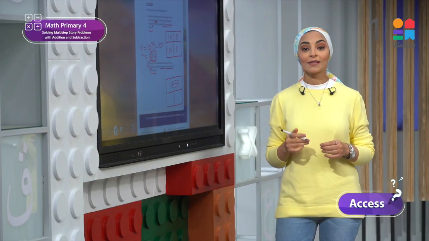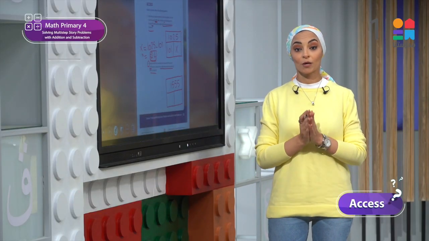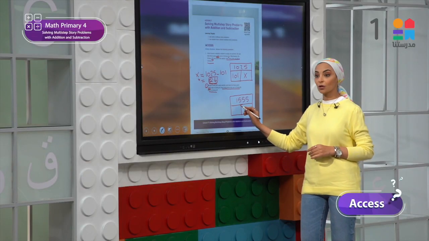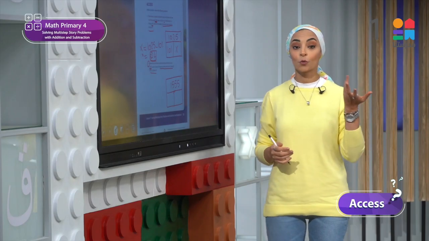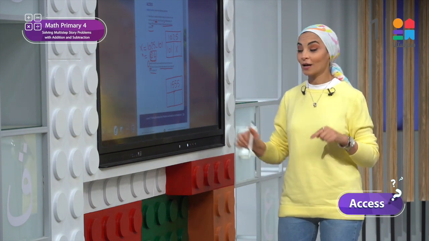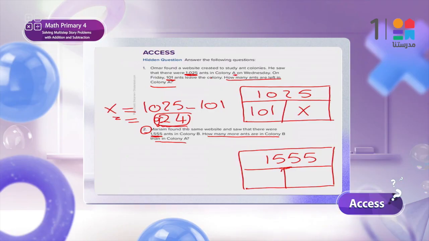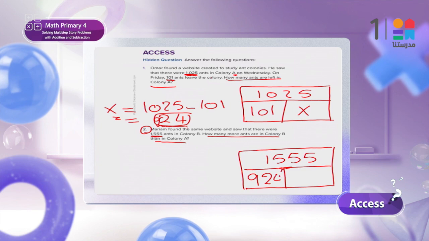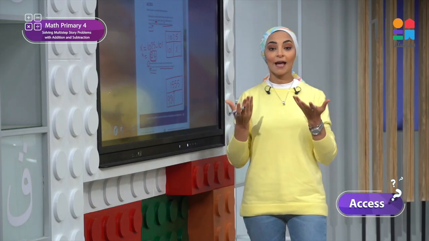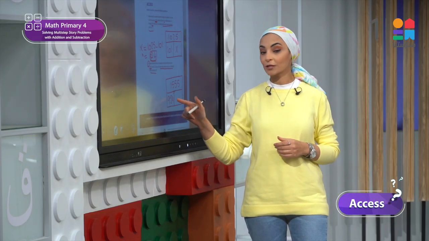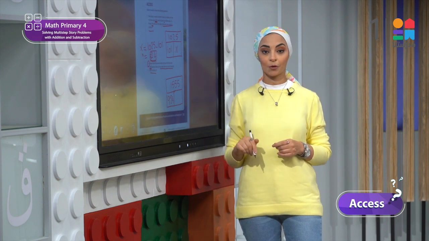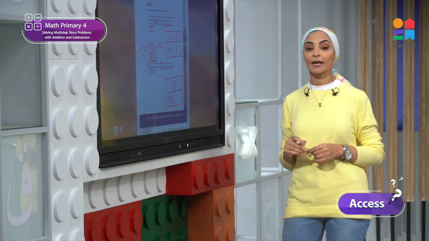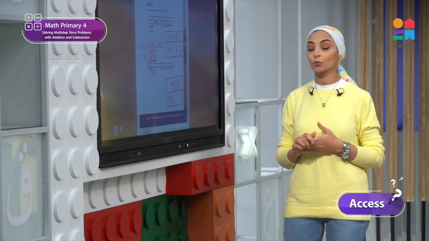Now you know that the whole number is 1555, as I wrote it here. What is the known part now? As we did in problem 1, it is 924, right? Which is the answer from problem 1. We need to calculate the unknown part, which is x.